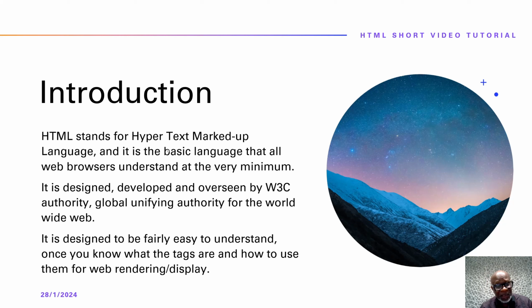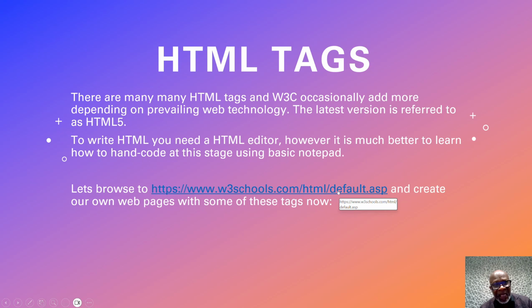It is fairly easy to understand. All you need to know about is the tags. Those are the main thing. Once you know about the HTML tags, you're well on your way to knowing how the web renders information. The W3C occasionally adds more tags from year to year, depending on the prevailing web technology.